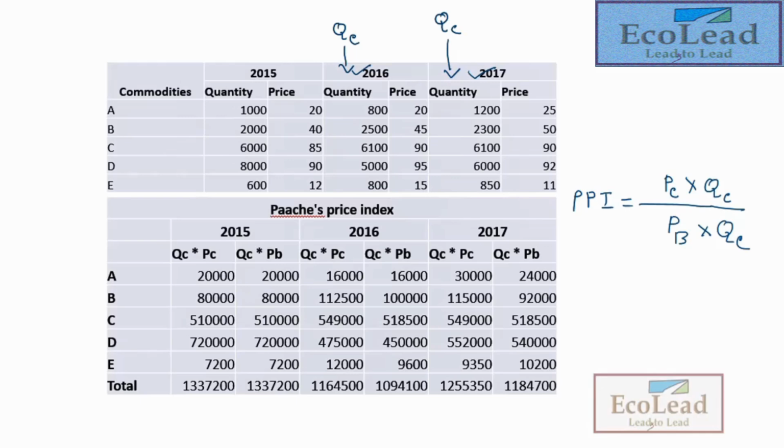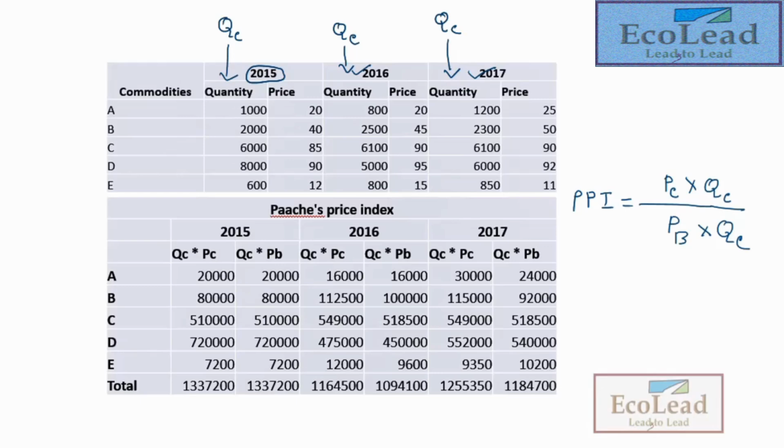And if we are calculating it for 2015, 2015's quantities will be the current year quantity. Remember, here again we don't have the base year mentioned, so we will consider 2015 as the base year. So the base year quantity we need not consider anywhere, but the base year's price we have considered for all the cases.